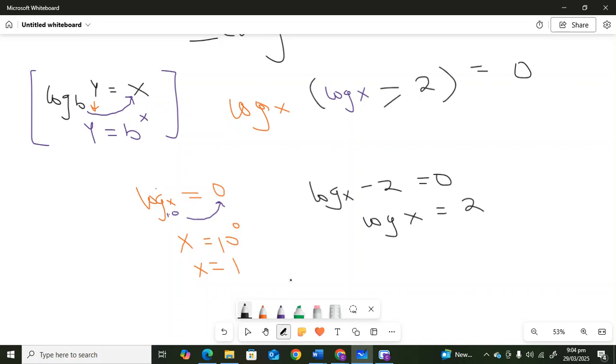Then when we apply this, since the base is 10, you take this 10, so it's going to be 10 squared on this side. This x, you bring it down here. So x equals 10 squared, which gives us 100. So the values of x are x equals 1 or x equals 100.